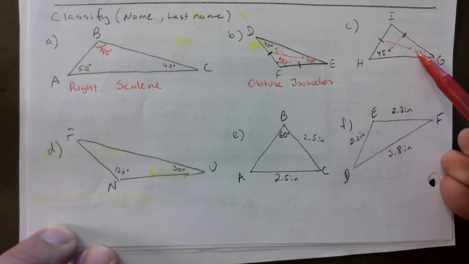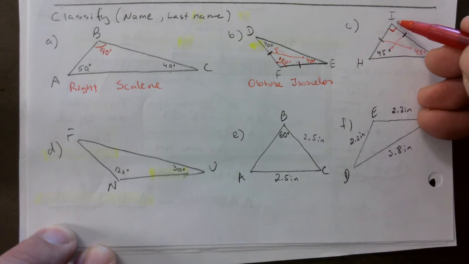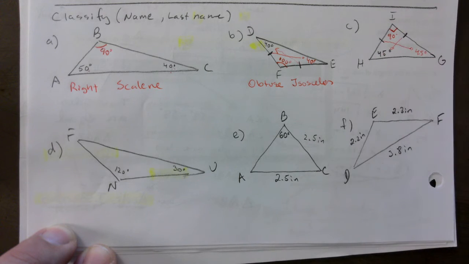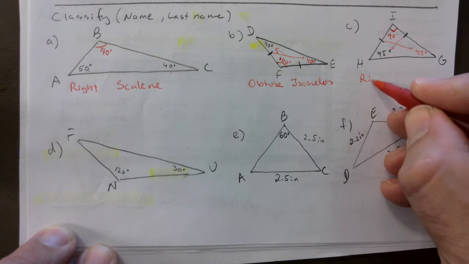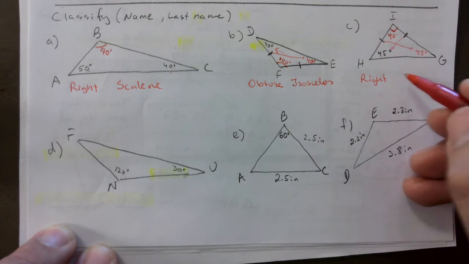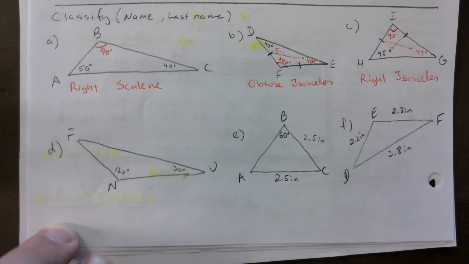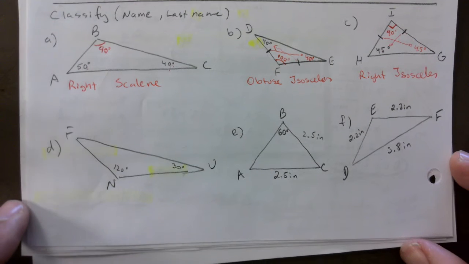And so 45 and 45 is 90. That means that this is actually a 90 here as well. You can write down 90 if you want, or make that box. So we know that this is a right, and because we have two sides that are the same, isosceles. Bingo, right?